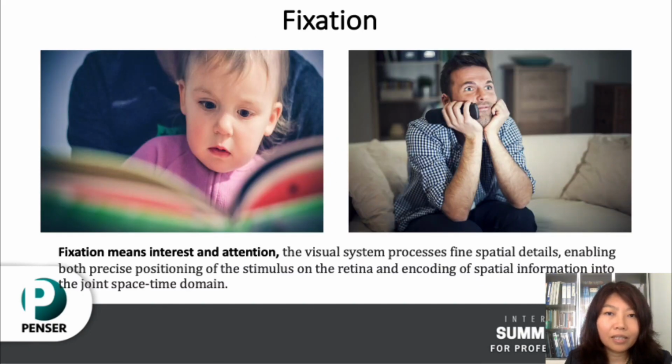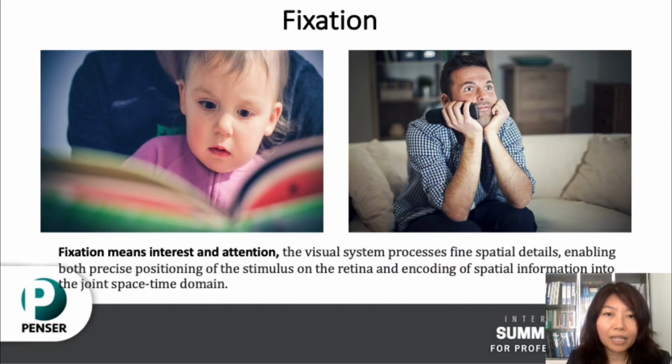Fixation is very common, and we can see it everywhere, from the baby when he is reading a book to the man when he is watching the TV. And fixation means interest and attention. So this is what we see in the classroom when all of the students pay attention to the topic of the professor.